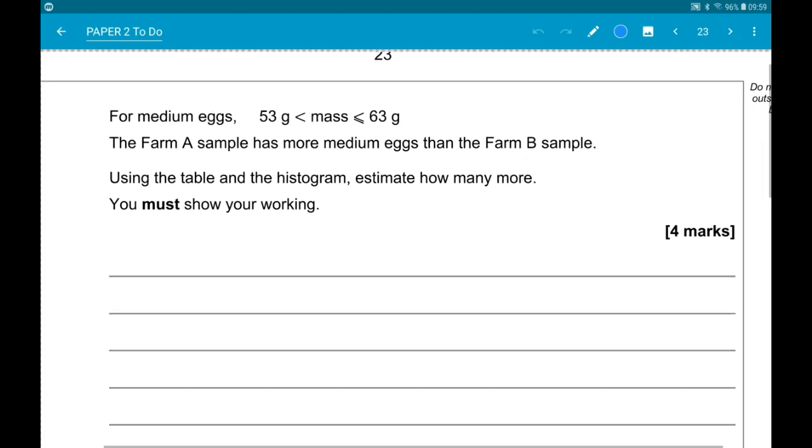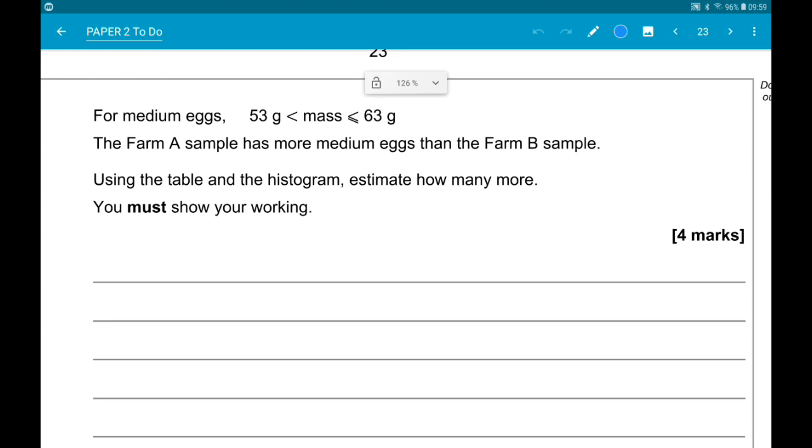We are then told, for a medium egg, the mass has to be between 53 grams and 63 grams. We are told the farm A sample has more medium eggs than farm B. Use the table and the histogram to estimate how many more.